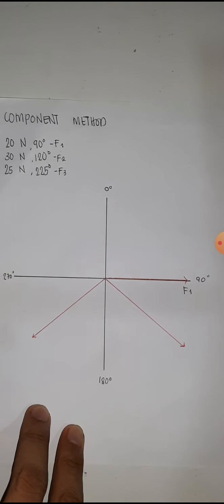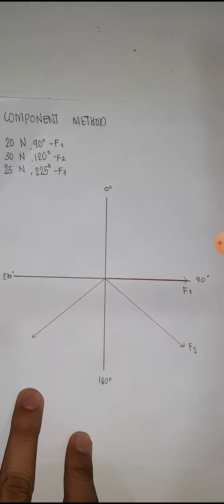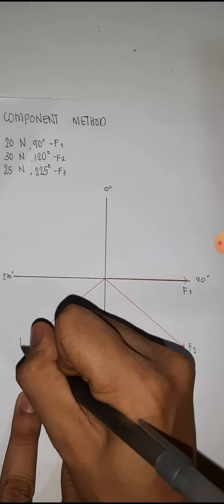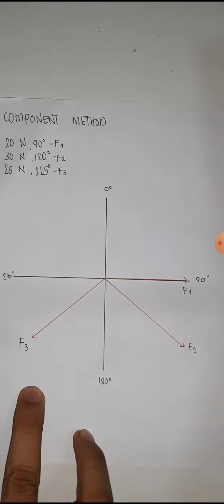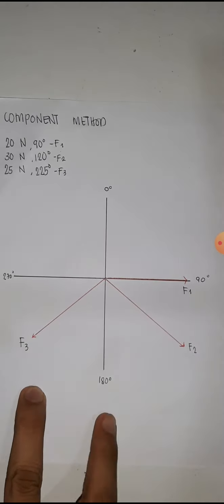The third one is 225, so most probably between 180 and 270. This is your F3. That is where your vectors will be located in your Cartesian plane.